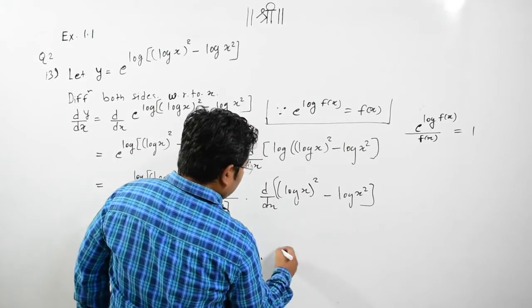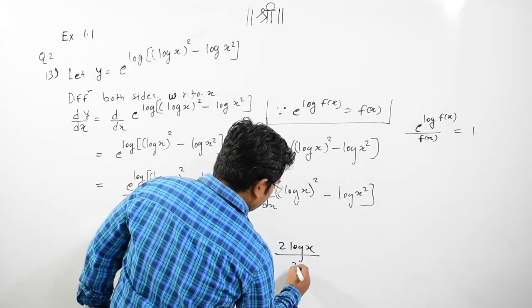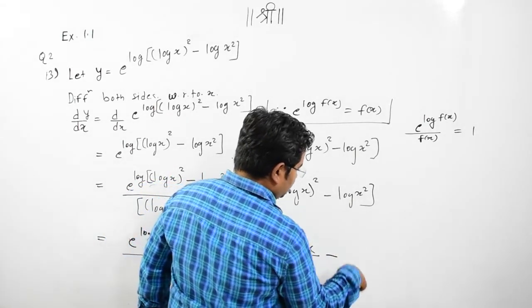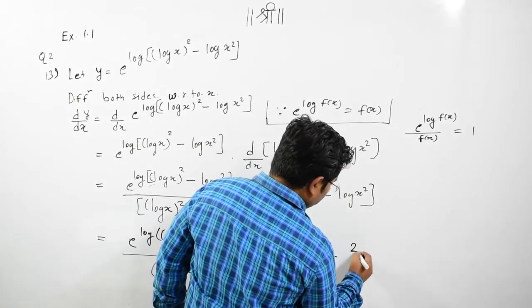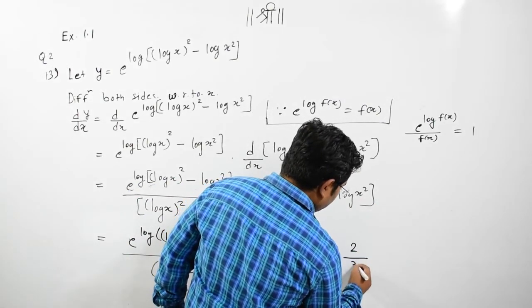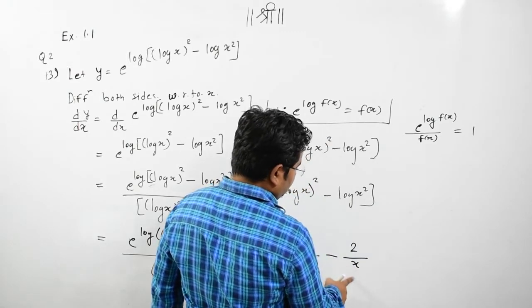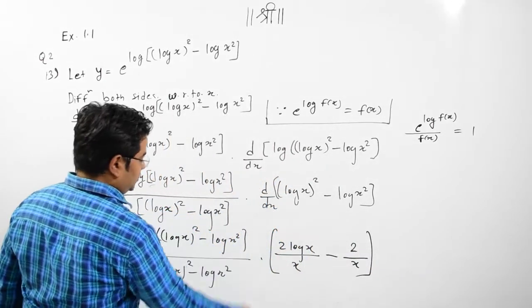It is again 2 log x divided by x minus, I will put it in brackets, again what is the derivative of log x^2? It's nothing but 2 upon x. So 2 upon x. That's how we are proceeding. So this was our derivative of this initial term. We had already derived it.